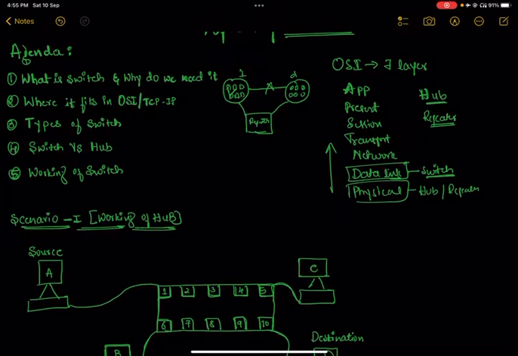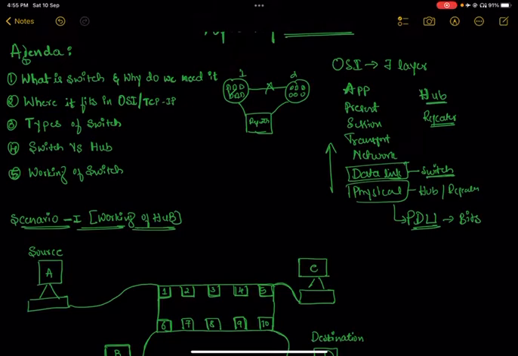This kind of information is what we call a PDU. PDU stands for protocol data unit, right? So for every layer we have a PDU. For layer 1, the physical layer, the PDU is bits. All the devices here work on bits, so that is the data there.